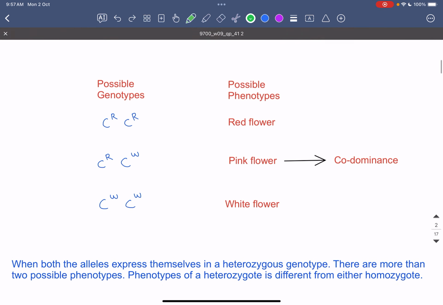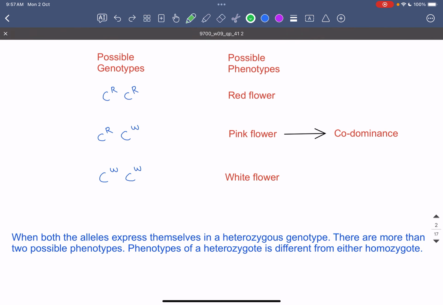So what did I say? What is codominance? It's when both the alleles express themselves in a heterozygous genotype. So you can see both the alleles are expressing themselves in a heterozygous genotype, and there are more than 2 possible phenotypes, as you can tell here as well: 1, 2, and 3.